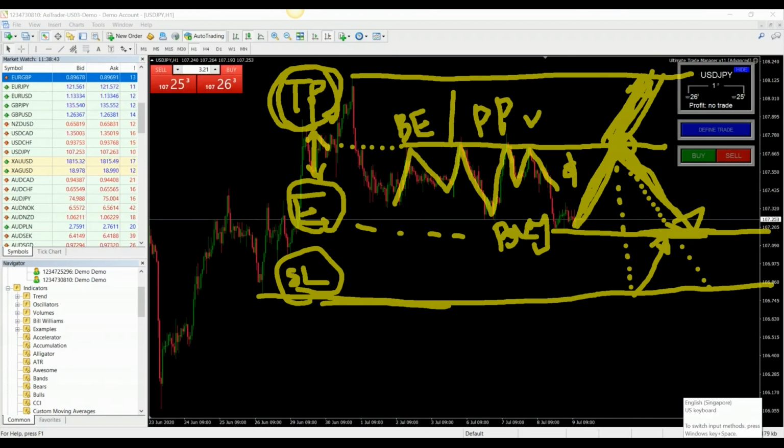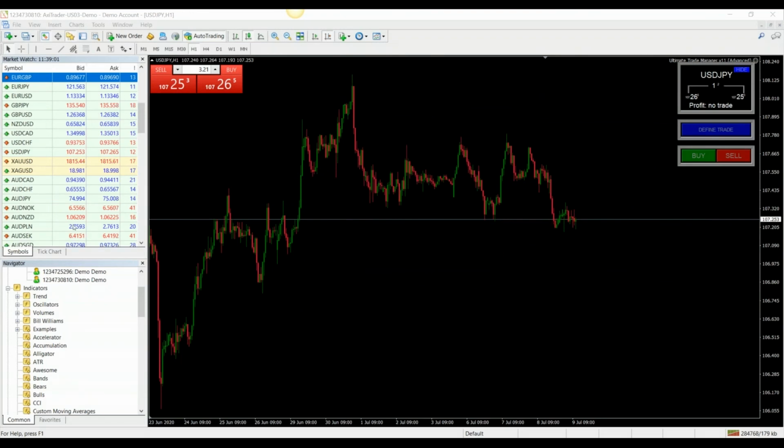Okay. Now, we got a question from Steven. If your trade passed your break even, would it be better to move your stop loss to a level to take a larger profit? So we have a question from Steven, right? It revolves around this concept.